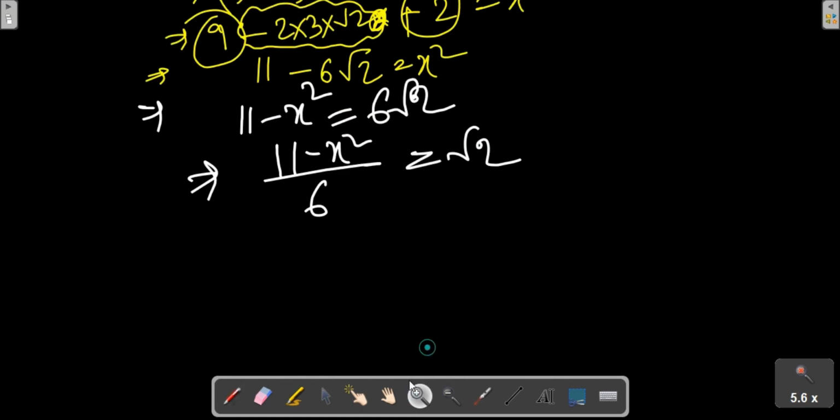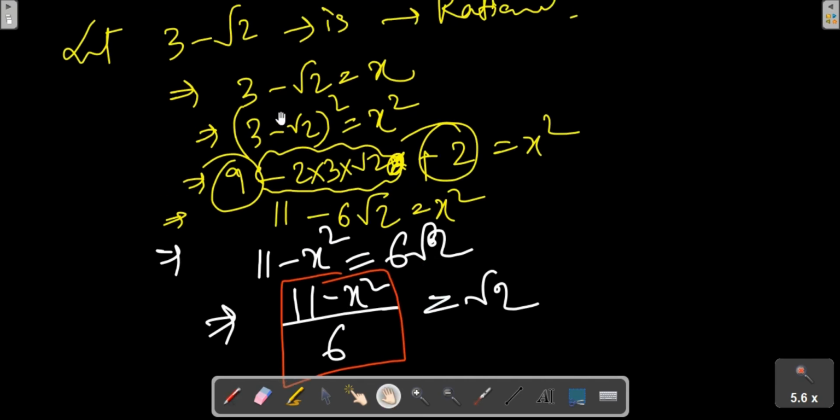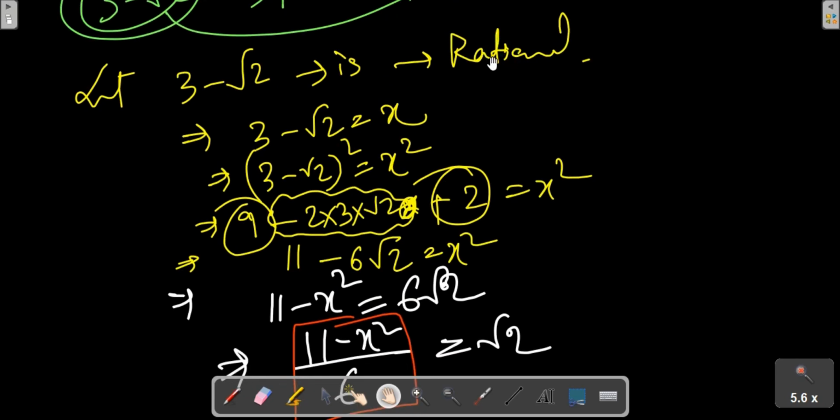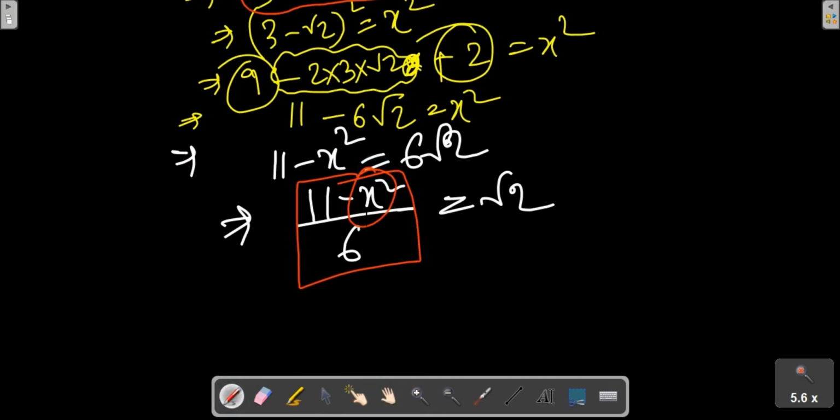Now here is a very important thing that we have already received. All the students please focus on this part. I have assumed that 3 minus root 2 is a rational number, and as 3 minus root 2 is equal to x, that means x is also a rational number, right? So if x is rational, then the square of x will give you another rational number.